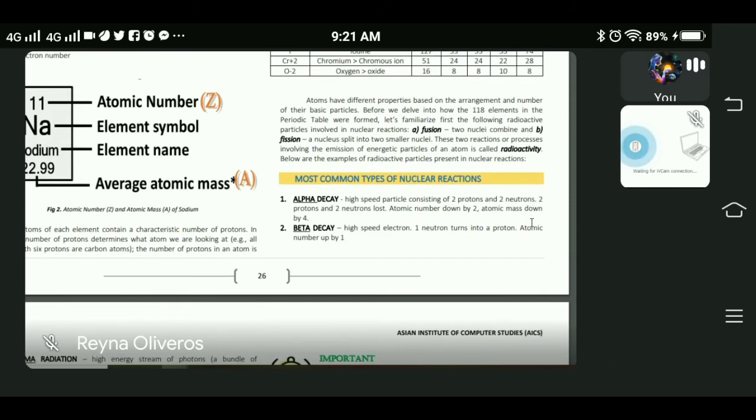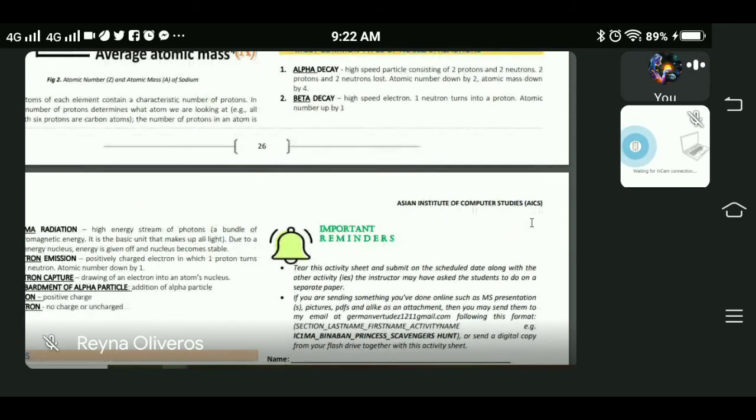Okay? And then number 3 is gamma radiation. When we say gamma radiation, guys, it is a high-energy stream of photons, which is a bundle of electromagnetic energy that is the basic unit that makes up all light. That is what we call a photon. Due to a high-energy nucleus, energy is given off and the nucleus becomes stable.